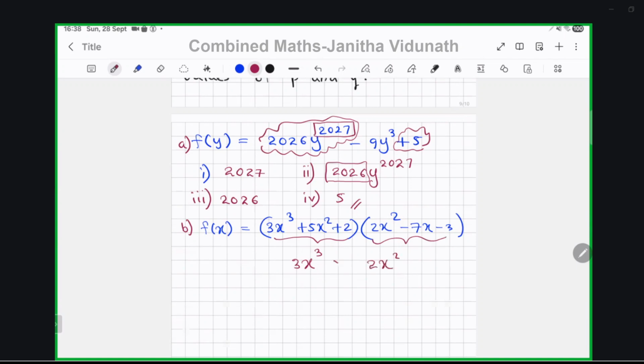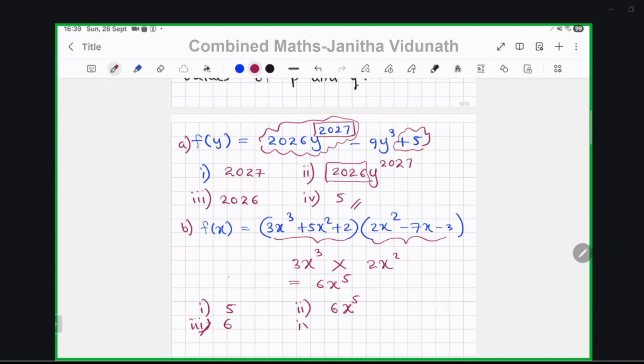Then the whole leading term is the multiplication of those two terms, that means 6 times x to the power 5. Then the degree is 5, the leading term is 6 times x to the power 5, and the leading coefficient is 6.